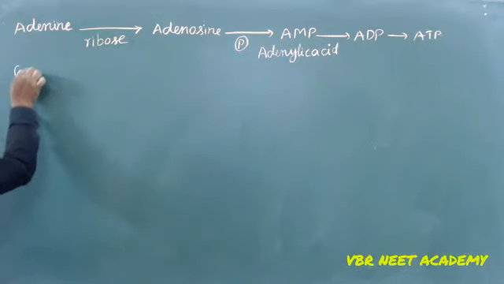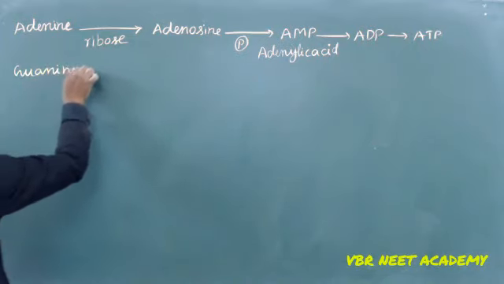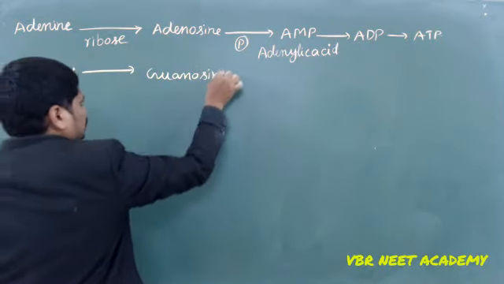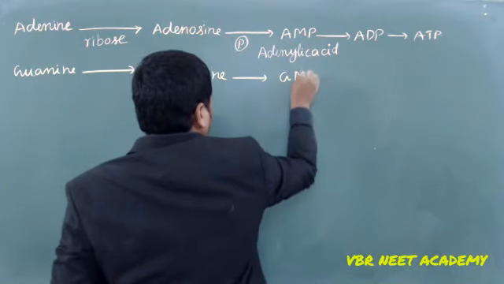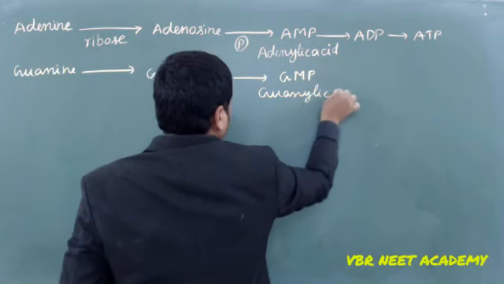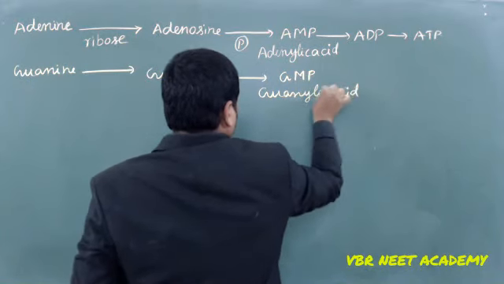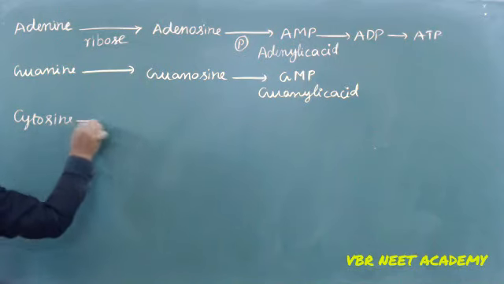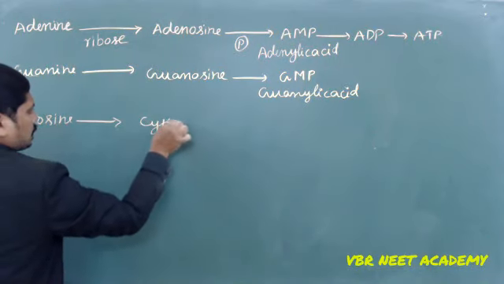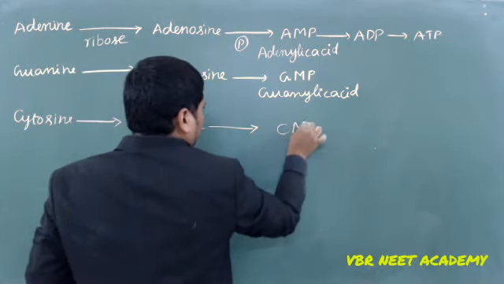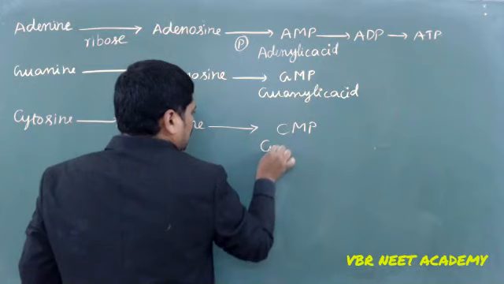Same if you are taking guanine, we call it guanosine. Guanosine becomes GMP, guanylic acid. Whereas if you are taking cytosine, this is called cytidine, CMP, cytidylic acid.